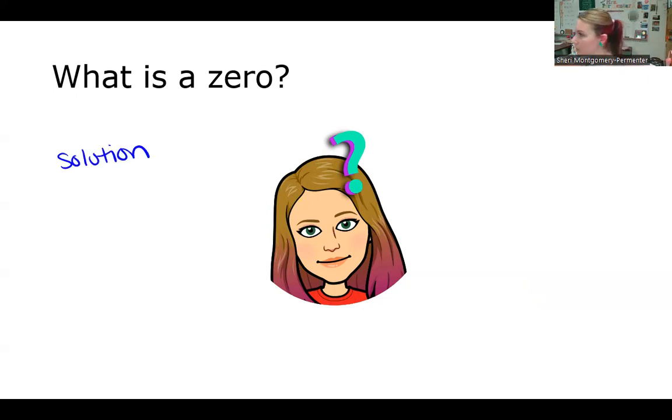What are other names for a 0? Yes, roots. There's a couple more.